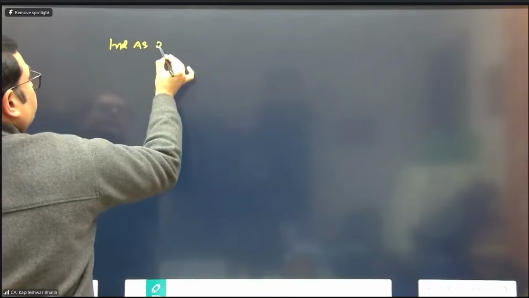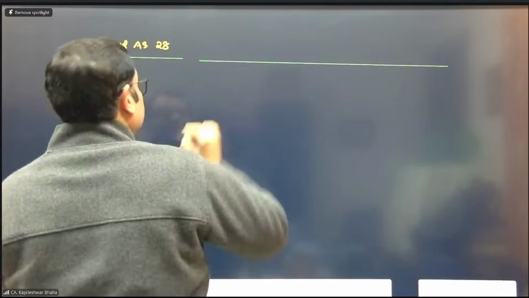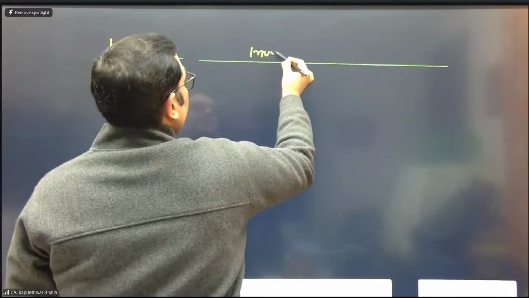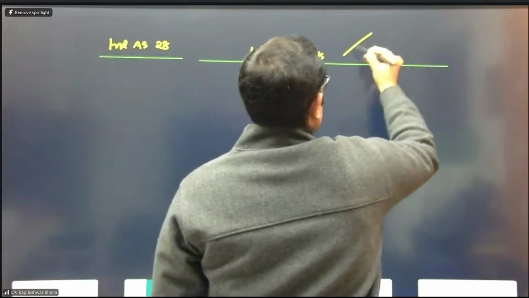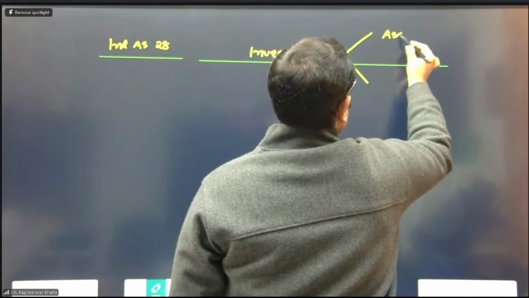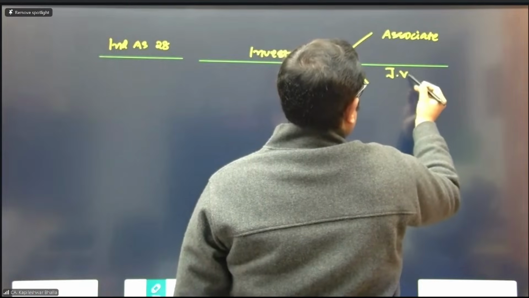So we're looking at Ind AS 28. And in terms of Ind AS 28, we're looking at investments in terms of associate and in terms of joint venture.